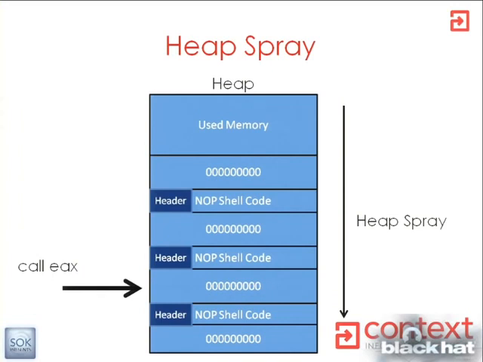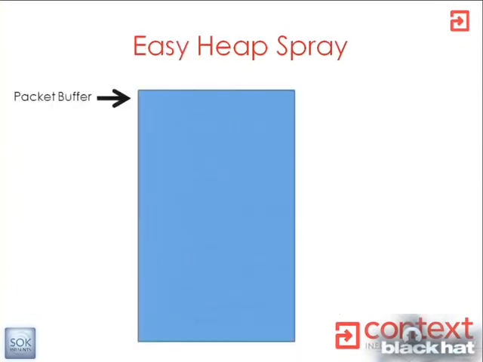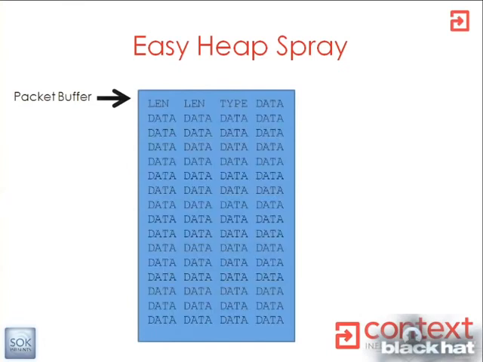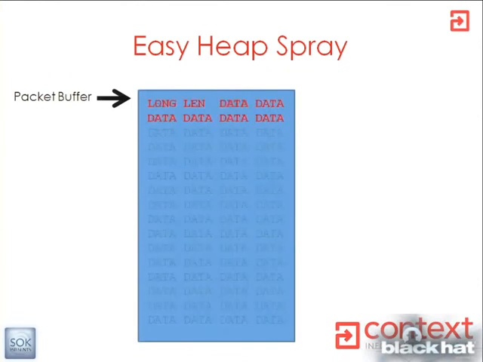So how can we get it to run through to ultimately our shellcode when we've got these other bits in place? First thing for doing the heap spray, there was a nice little feature of Citrix, where it uses a static buffer for all the packets that are coming in. If you send in one large packet, it would fill up this buffer with the length, the type, and all the data. Then if you sent in a short packet, like this, which had a long length, it would be put into that buffer.